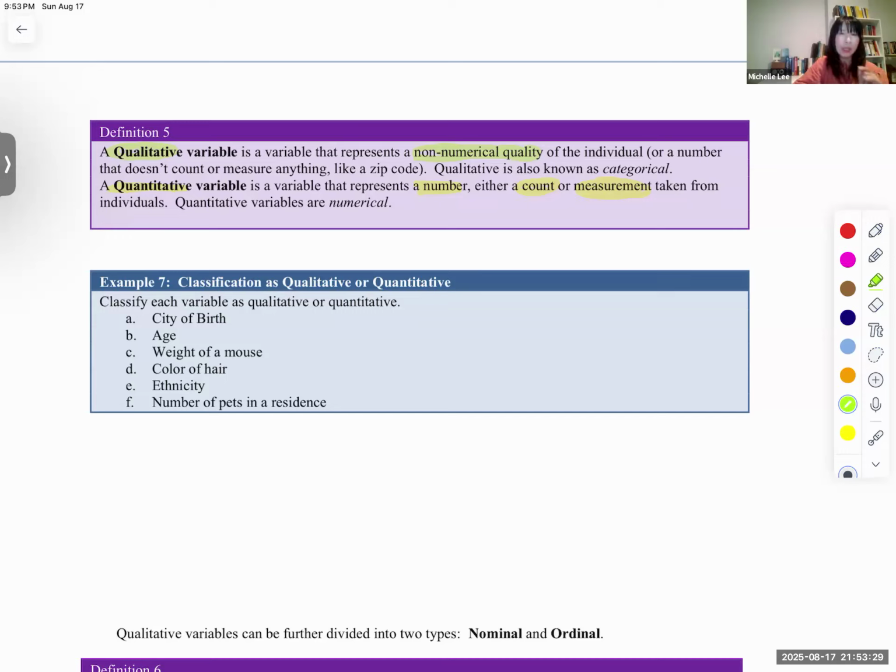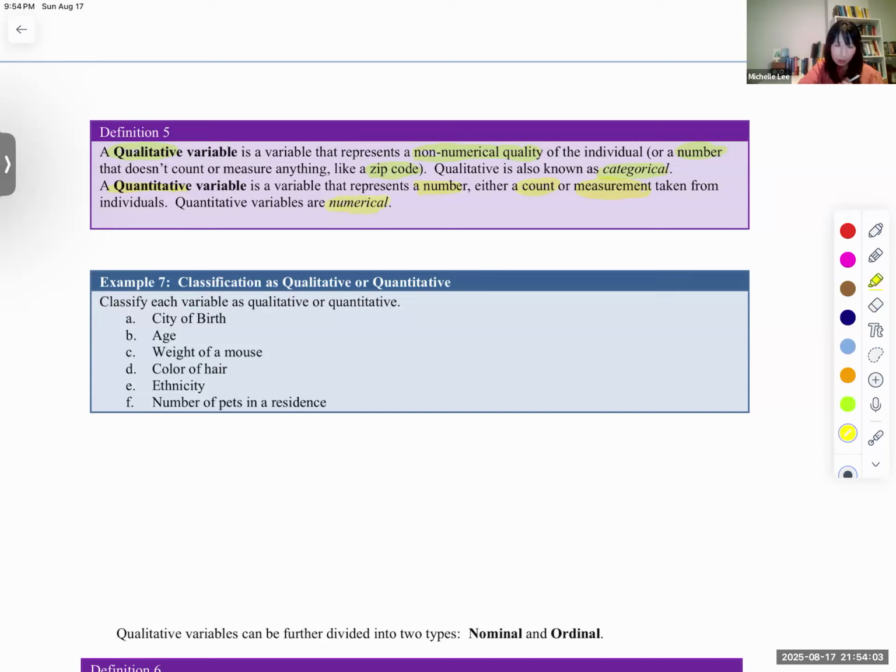That number is not a count and not a measurement, like a zip code. Also, we say that this is categorical and this is numerical.